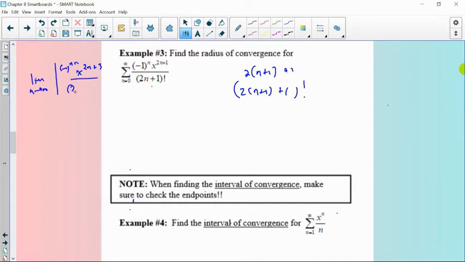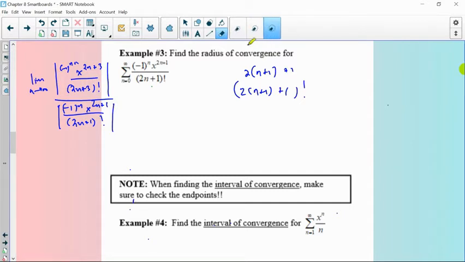So over 2n plus 3 factorial, and then divide by the nth term, which is -1 to the n, and then x to the 2n plus 1 over 2n plus 1 factorial. Again, I wanted to take a little more time to make sure we see what the next term is.